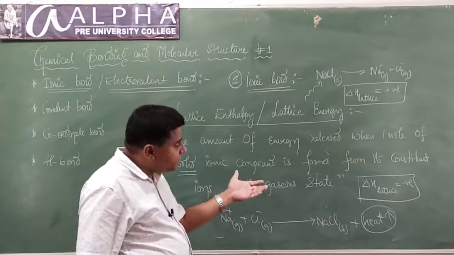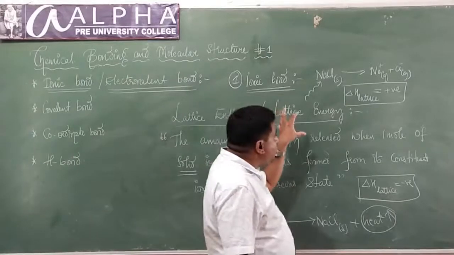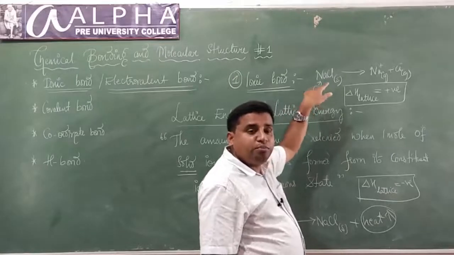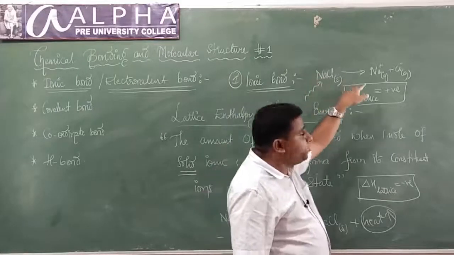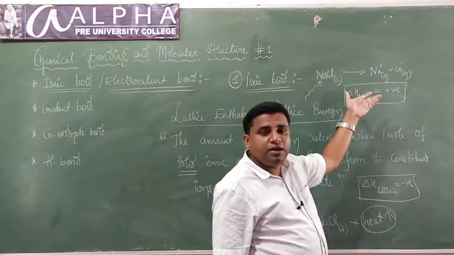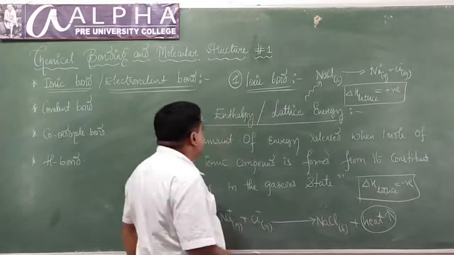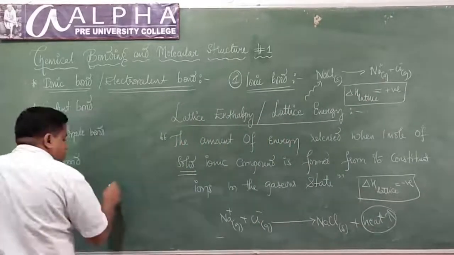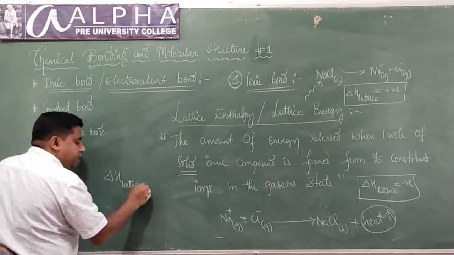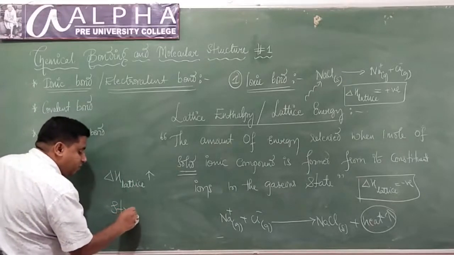Delta H lattice is negative. It can also be defined as the amount of energy that should be supplied to break 1 mole of solid ionic compound into its constituent ions in the gaseous state. It is also called lattice enthalpy, but in this case lattice enthalpy is positive. Students, remember this point: the higher the lattice enthalpy, the stronger is the ionic bond.